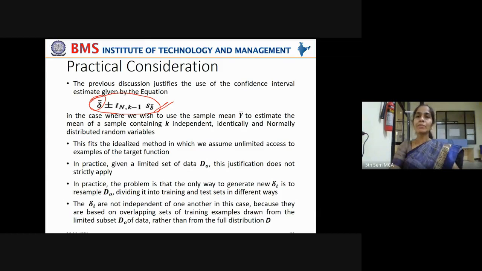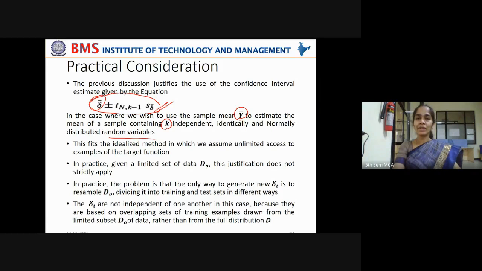Okay, that will help you to calculate the interval within which the range of values fall. So here we wish to use the sample mean y bar to estimate the mean of a sample containing k independent, identically and normally distributed random variables.